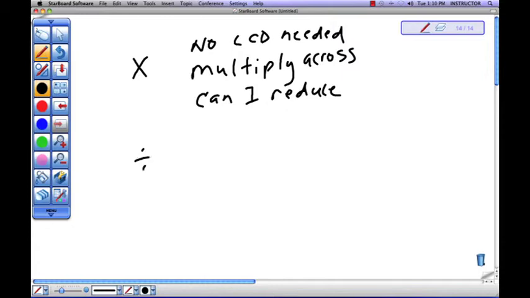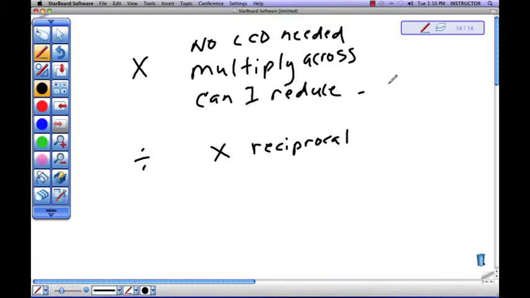For division, remember, no common denominator is needed. We multiply by the reciprocal, which means we're going to take the divisor and flip it and multiply by the reciprocal, and then ask ourselves, can I reduce?